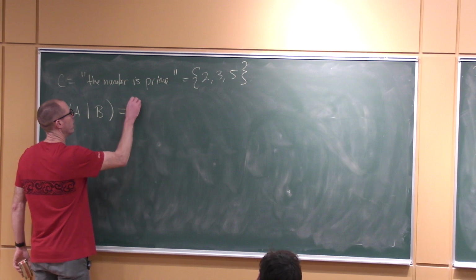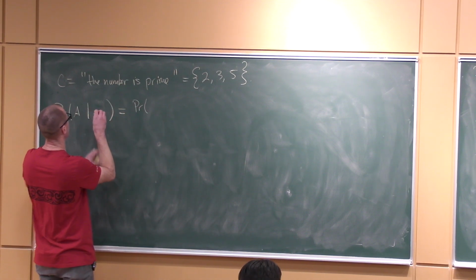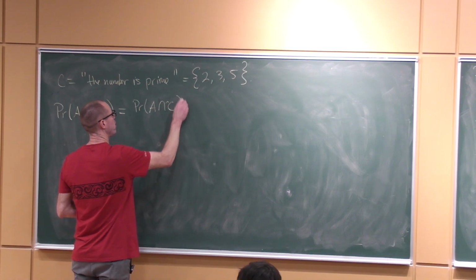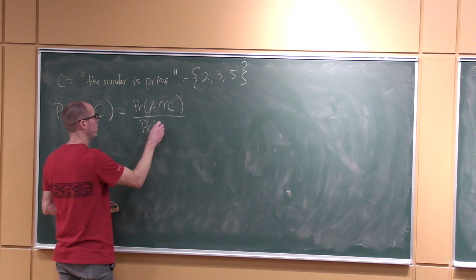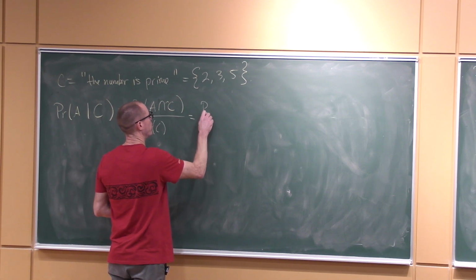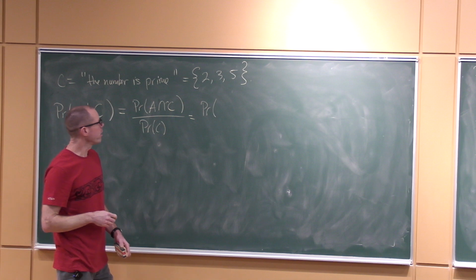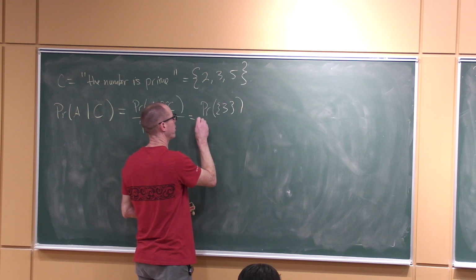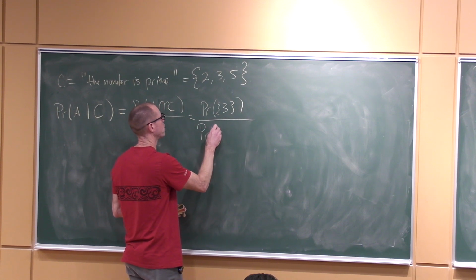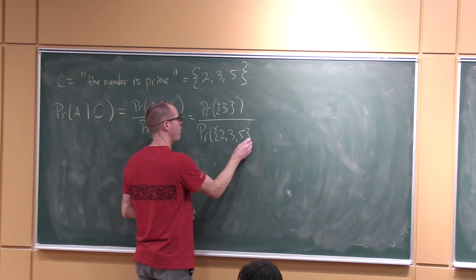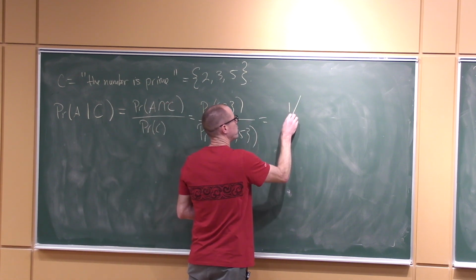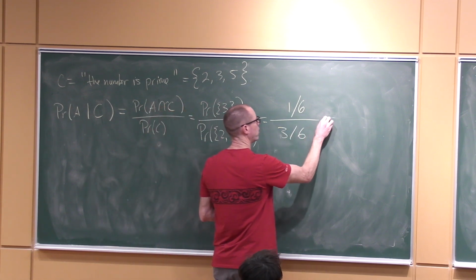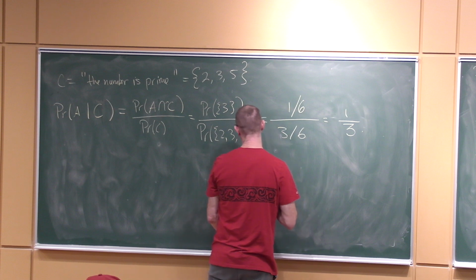But let's, again, always be careful: this should be A given C. Probability of A and C divided by probability of C. A is the set containing only 3 and C has 3 in it. So this is 3 and this is 2, 3, 5. So we get 1/6 over 3 out of 6, or 1/3.